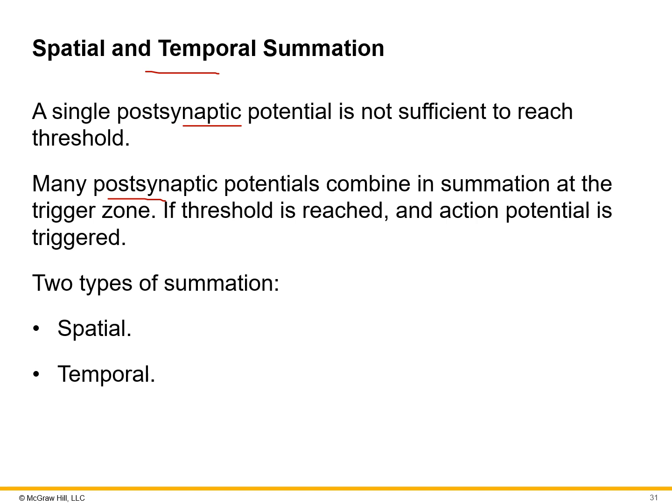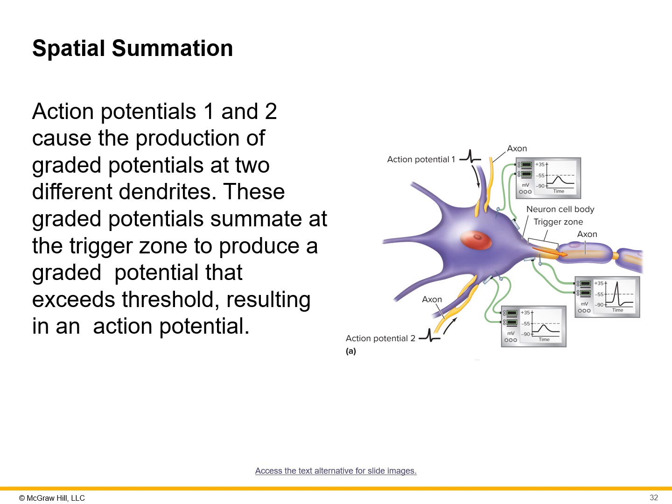All that information is taken into that trigger zone at the axon hillock, and there are two types, spatial and temporal. So in spatial, this is where the potentials 1 and 2 are in two different dendrites. Okay, so we have our cell body here, we have a dendrite coming off over here, and another one over here. Well, both of these are going to depolarize the cell, but they're not close together.